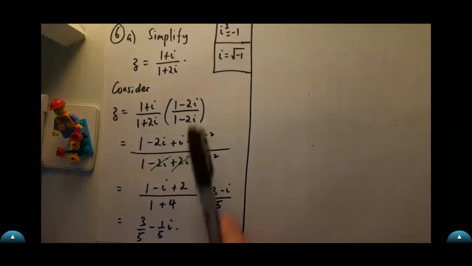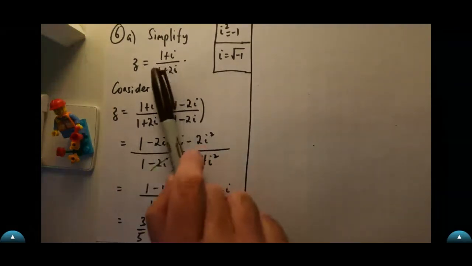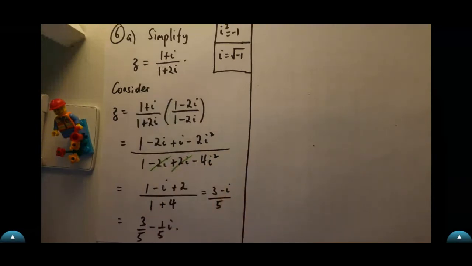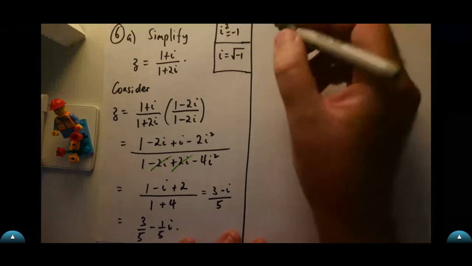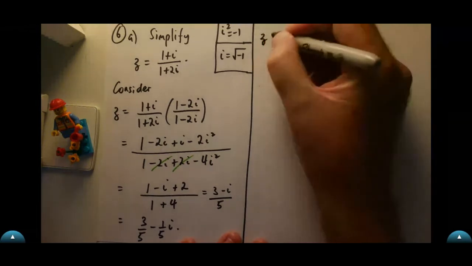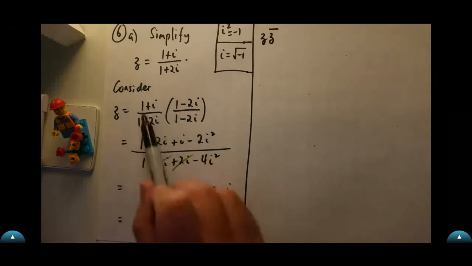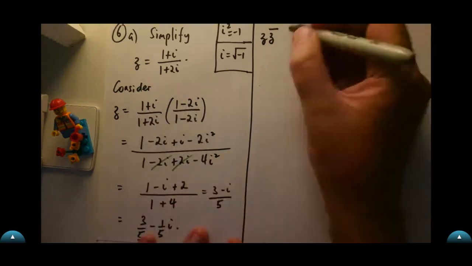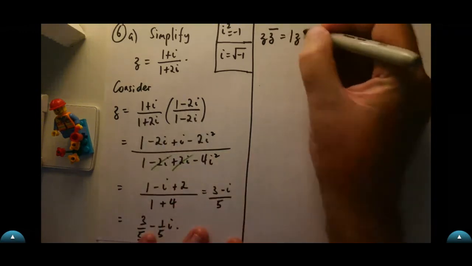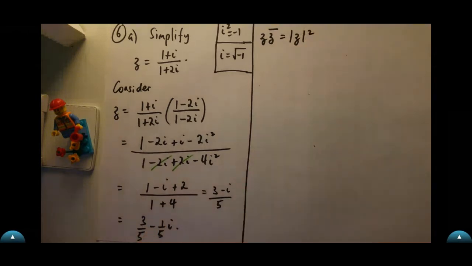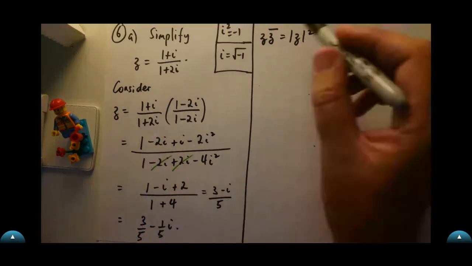Okay? Now, that's a lot of work for a pretty basic problem. So what you can do is you can remember the following. If you multiply a complex number by its conjugate, you just get the square of the modulus, the square of the length.